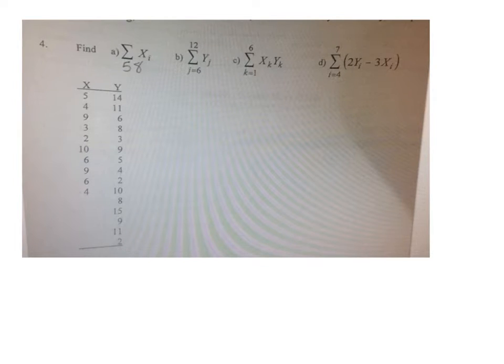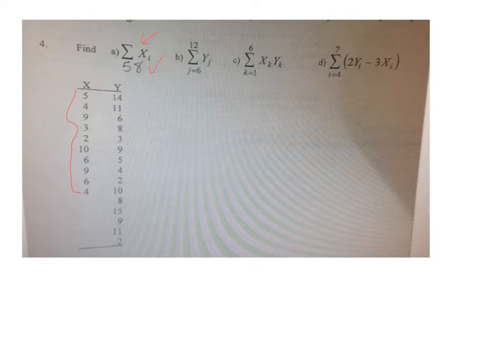For this question, the summation notation, I didn't check your answer, but I think you've done it correctly for the first one. The first one is just asking you to add up all of the x's. So if you went down that column and added all those numbers and got 58, then you're right.